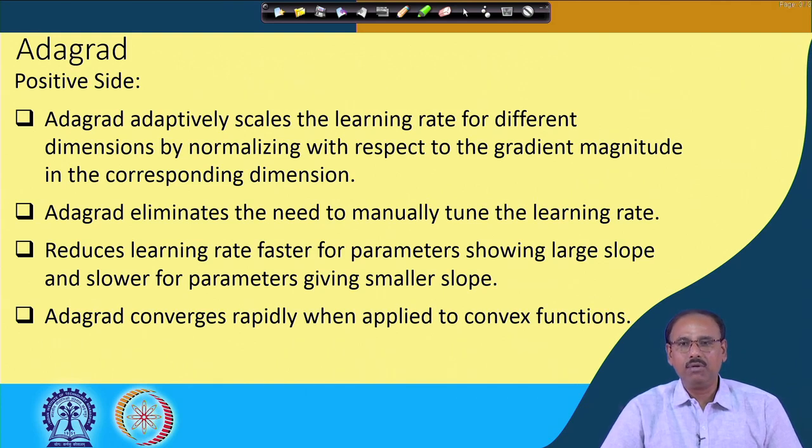That is how you adaptively tune the learning rate in different directions. And you don't have to manually set any of the hyperparameters, though initially we have the initial learning rate given by eta, but once we fix it, that is final. We need not update it anymore. As a result, the learning becomes faster and you quickly converge to the minima of the error function. So these are the positive points of the AdaGrad algorithm.